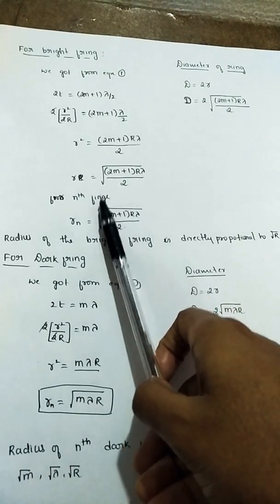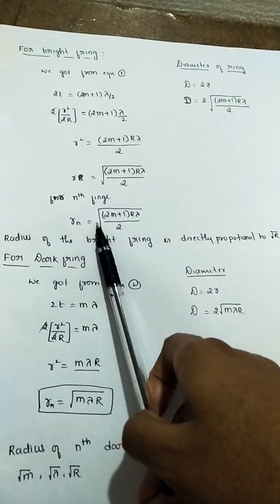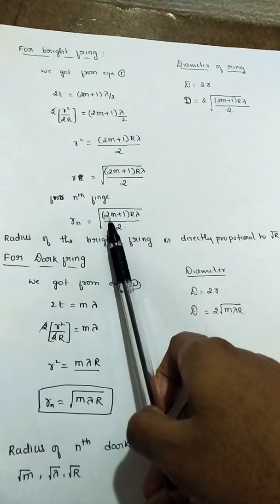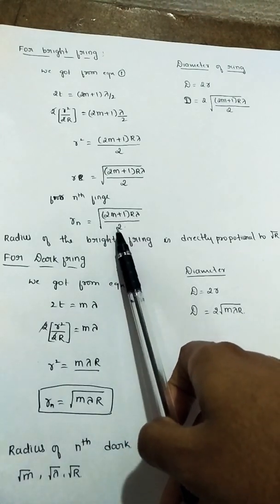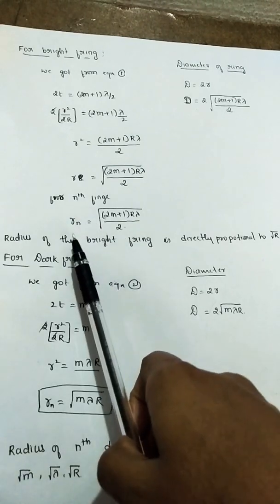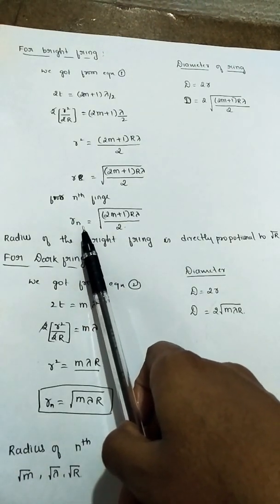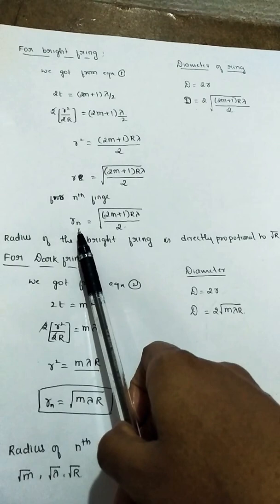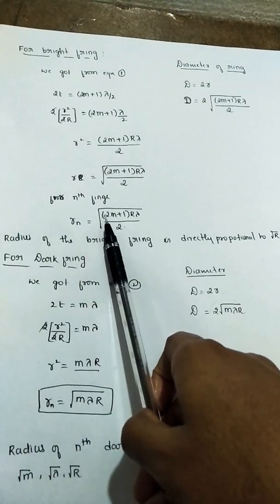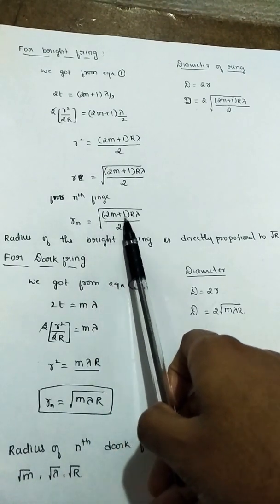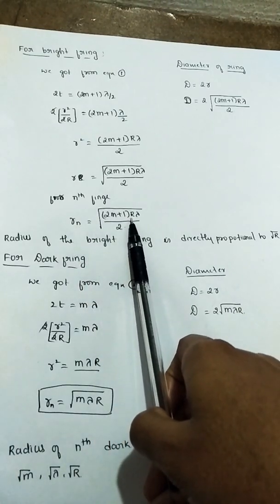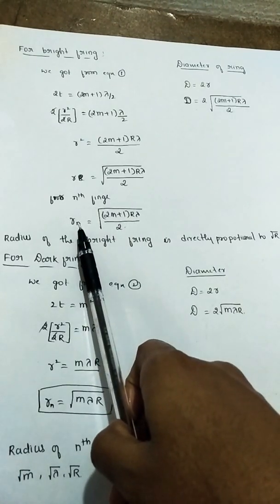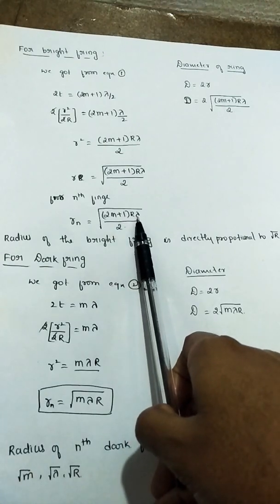If we write for the nth fringe, then Rn is equal to square root of (2m plus 1) R lambda divided by 2. Here Rn is the radius of the fringes. This Rn is directly proportional to square root of (2m plus 1), directly proportional to square root of R, and directly proportional to square root of lambda.